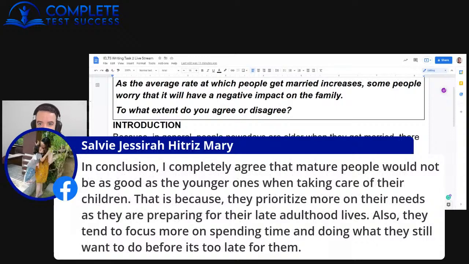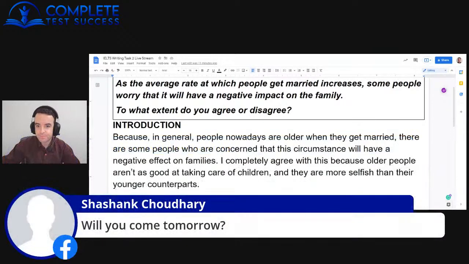And what Salvi did is just go straight into what your opinion is. In conclusion, I completely agree that, and then you restate what the essay was about by explaining what your opinion is. So this is not that Noni's was wrong, but this is more the way I would recommend to do it.